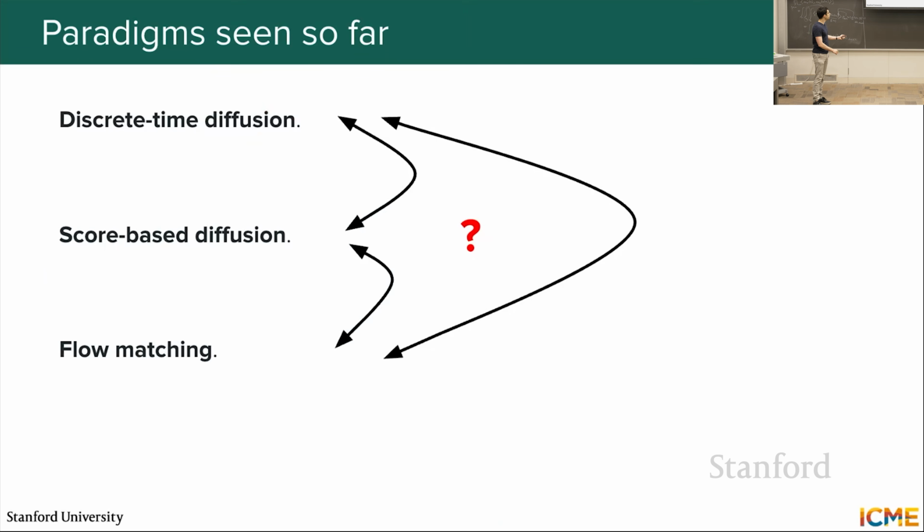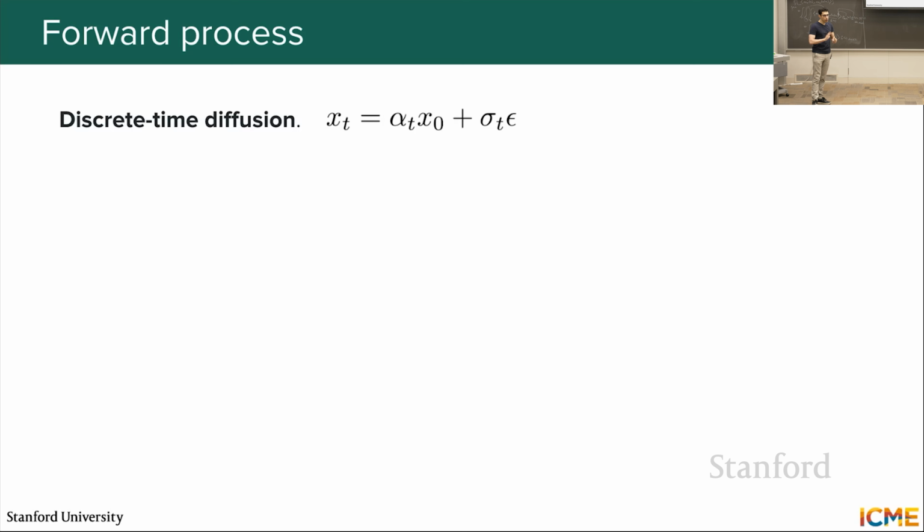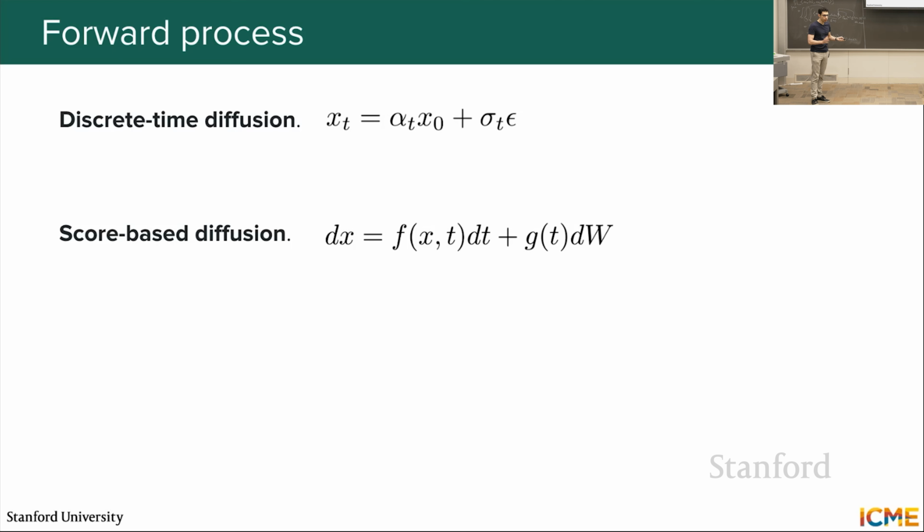So the first one is the forward process. It's a long time ago, already 2 weeks ago, we talked about DDPM and all this class of discrete time diffusion. And then we saw in the score-based diffusion world that if you reframed these equations and converted them into continuous time, put some delta t to 0, you could get some SDE formulation that was equivalent to it.